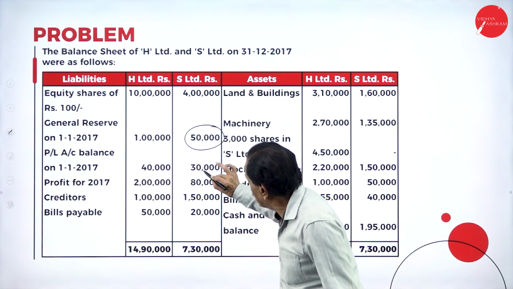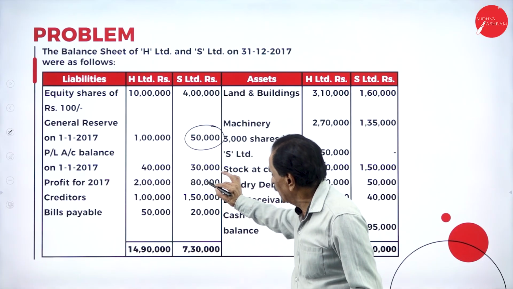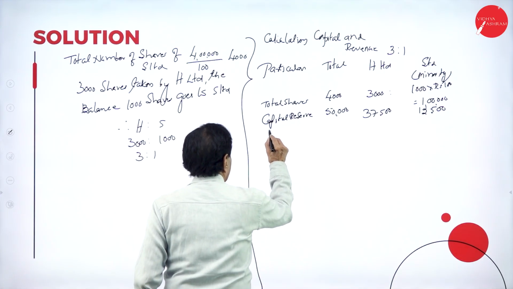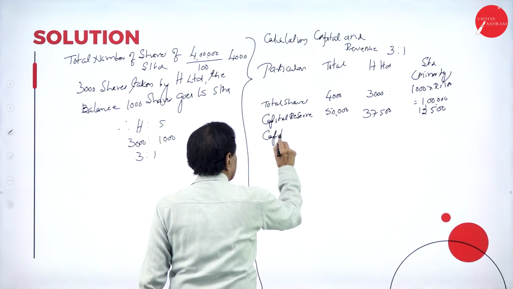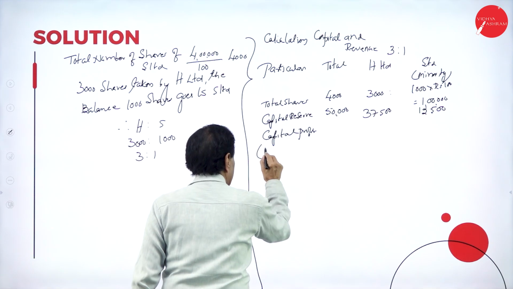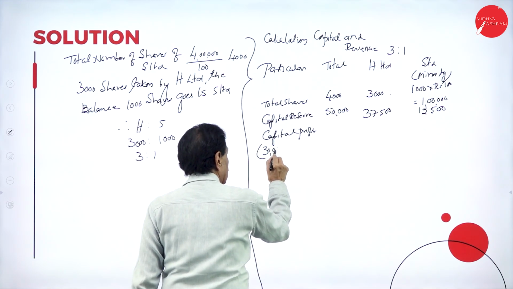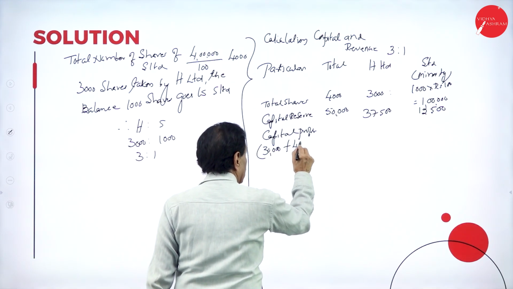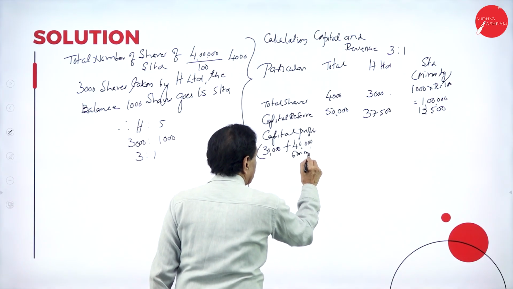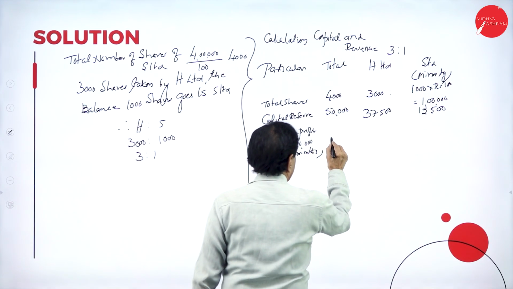Already existing capital profit, how much is there? 30,000 plus 40,000, total is 70,000. Capital profit, existing 30,000, 6 months profit 40,000, total 70,000.